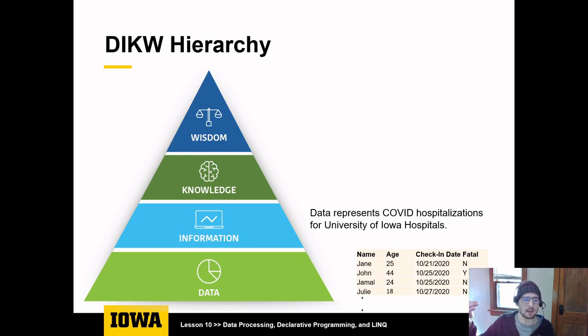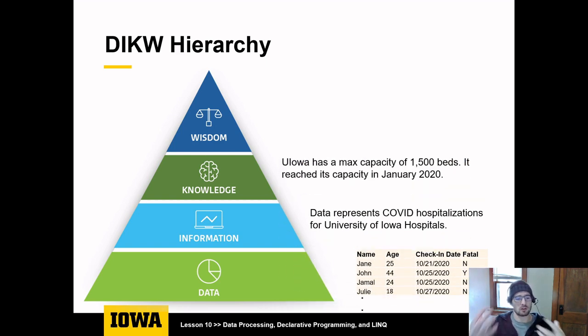Now, when we move up the hierarchy to the next level, we want to try to produce some knowledge. So from this information, we can determine that because University of Iowa has a max capacity of, for example, 1,500 beds, we can look at this information and see that Iowa will reach its max capacity in January 2020 here.